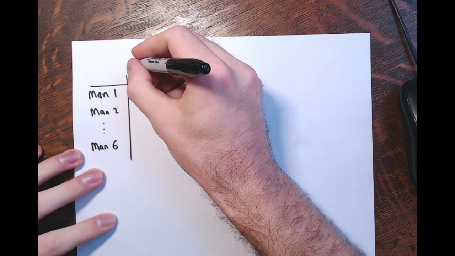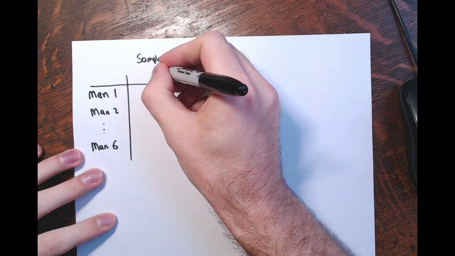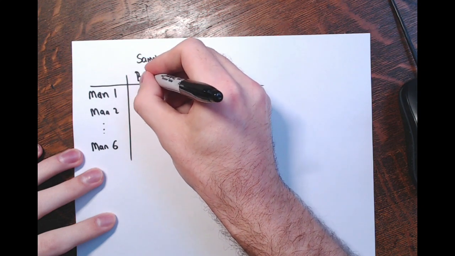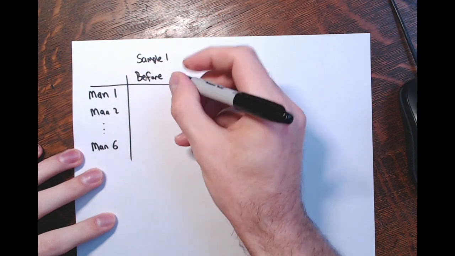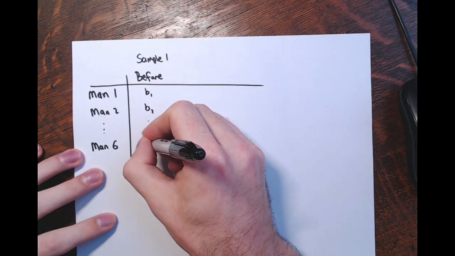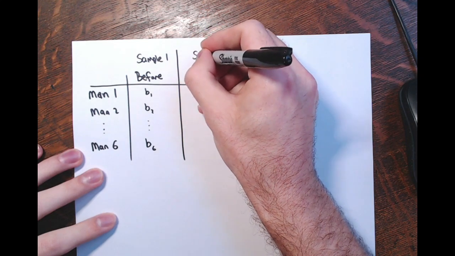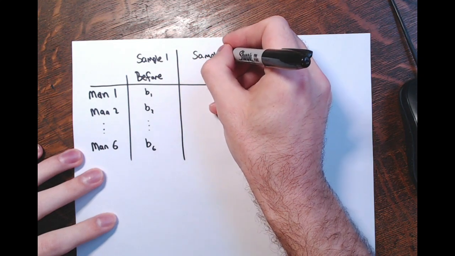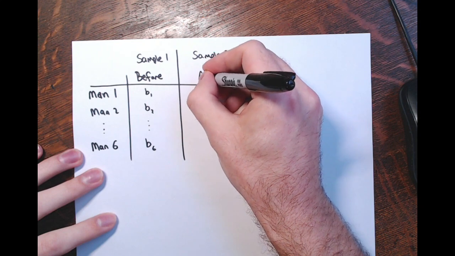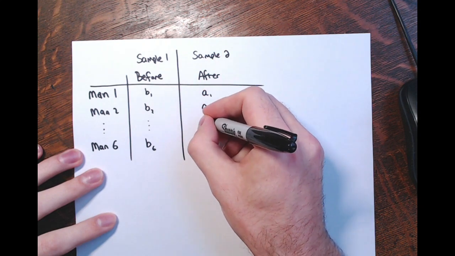Then we have the first sample of data, which is their weight before. Their before weights, say B1, B2, down to B6. And then a second sample of data, 4 weeks later, with their after weight. I'll call this A1 for after, A2 to A6.